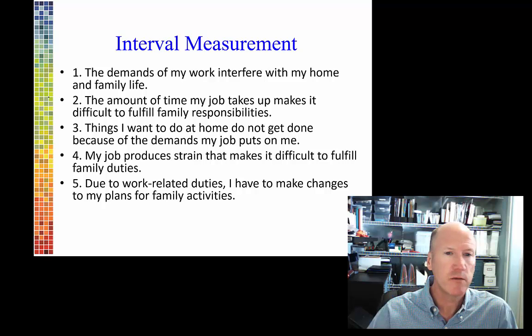We'd ask you on a scale of 1 to 5, strongly agree to strongly disagree, where do you fall on that 5-point scale? Or, the amount of time my job takes up makes it difficult to fulfill family responsibilities. Again, you'd respond on that same scale of 1 to 5. That's an example of an interval level of measurement.